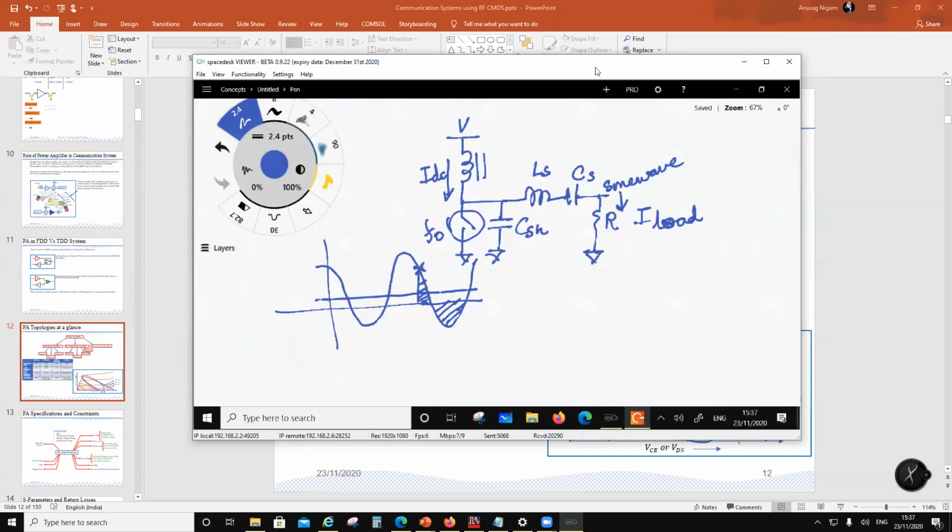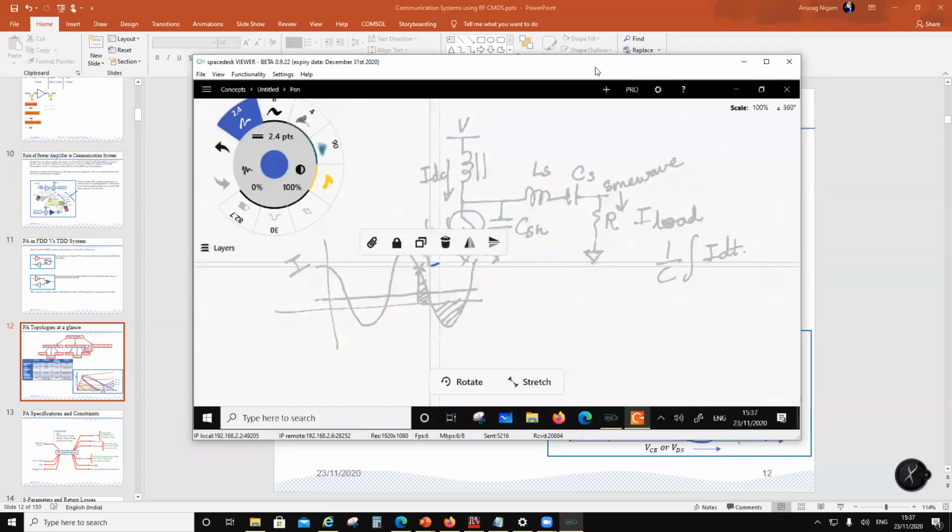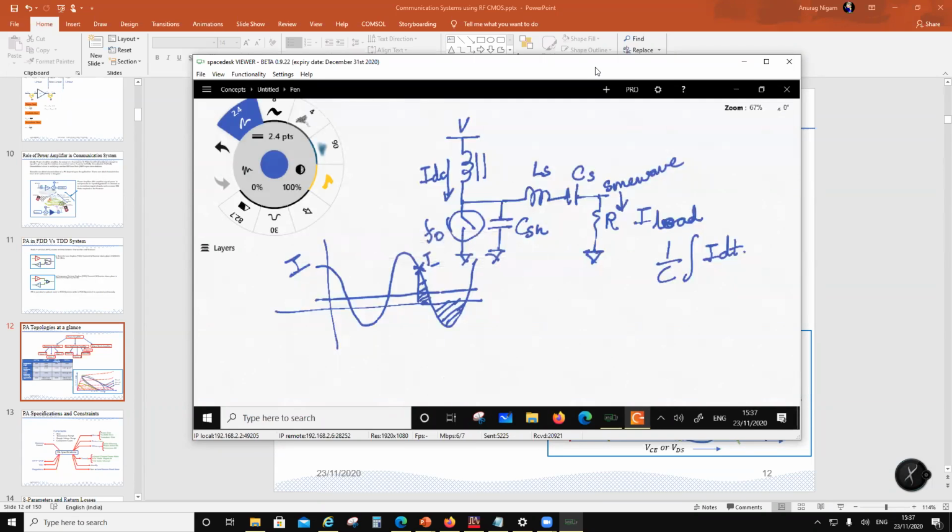Okay, so now if this is a current, then the integration 1 over C integral I dt, going from T1 to T2, is going to be the voltage across this capacitor.